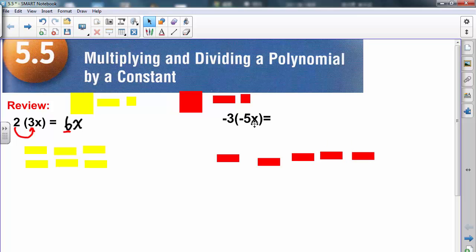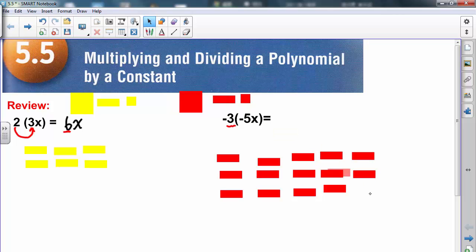When I multiply this negative 5x by negative 3, I look at 3 first. This 3 means I have 3 sets of those 5 red rods. So for those 15 red rods, we know this one is negative 15x.